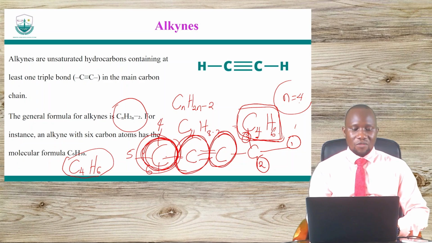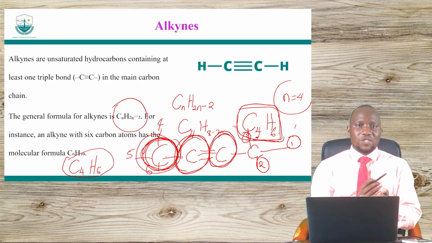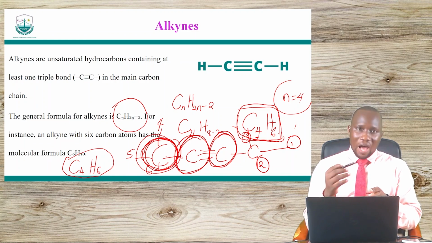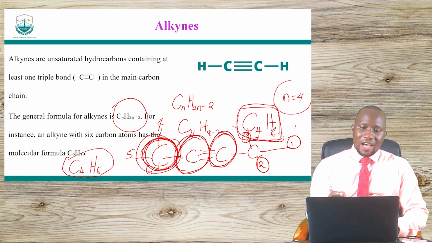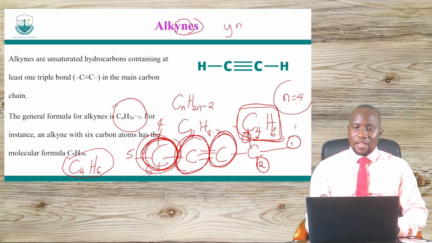What is the name of this compound? I guess you know that it is but- for 4 carbons, and then you add that suffix. For alkynes, the suffix that you add is YNE. YNE is the suffix that you add.